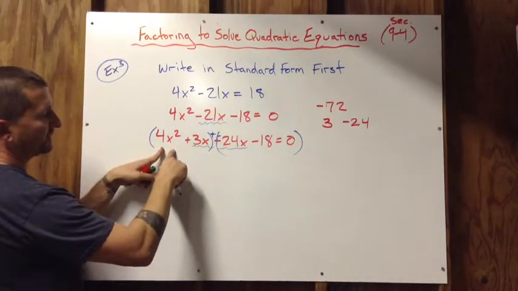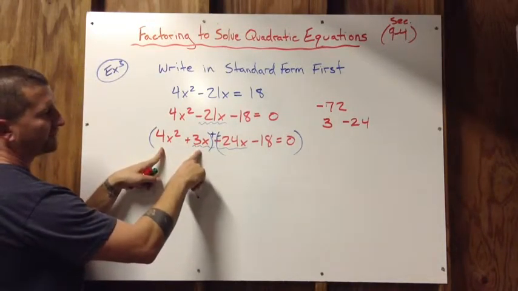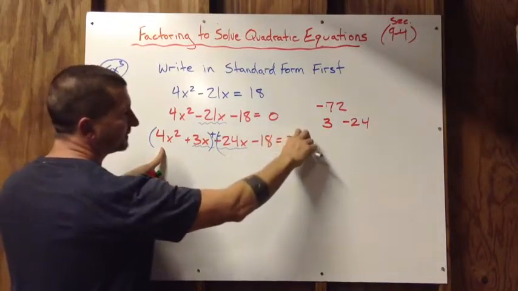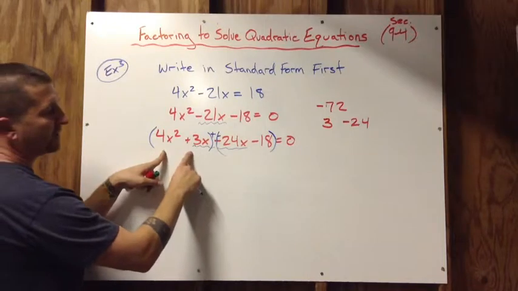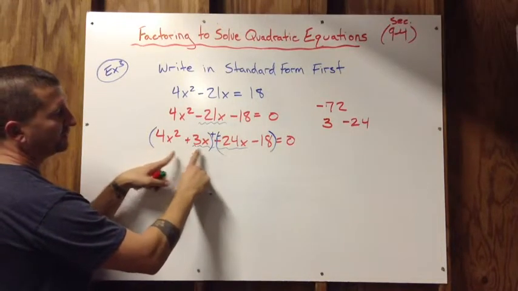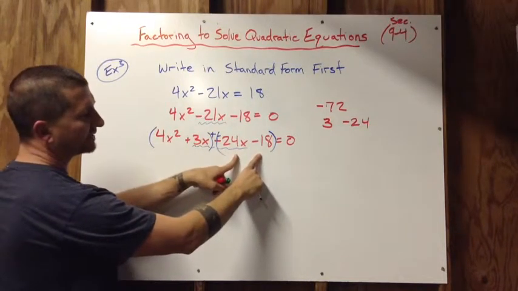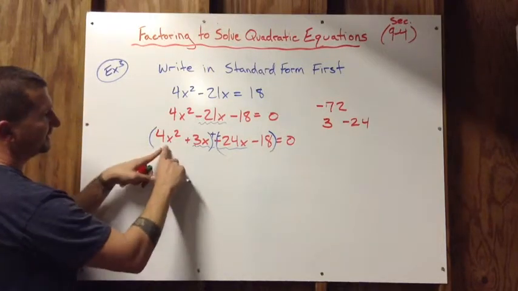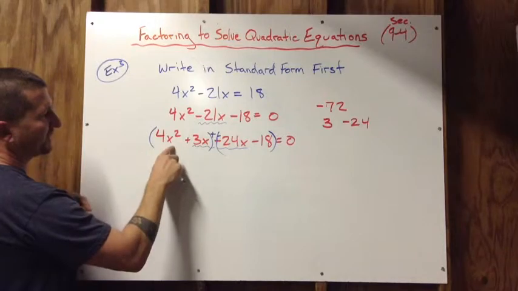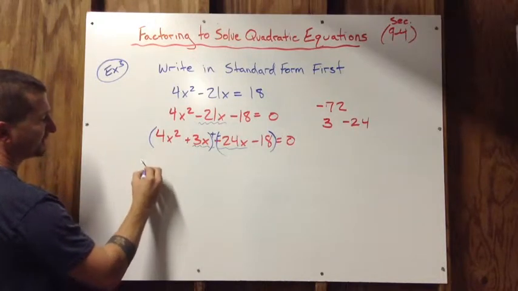So we're going to look for a greatest common factor in our first binomial and a greatest common factor in our second binomial, and we'll complete the factoring process. The first one, we have 4x squared plus 3x. They both share a term of x.